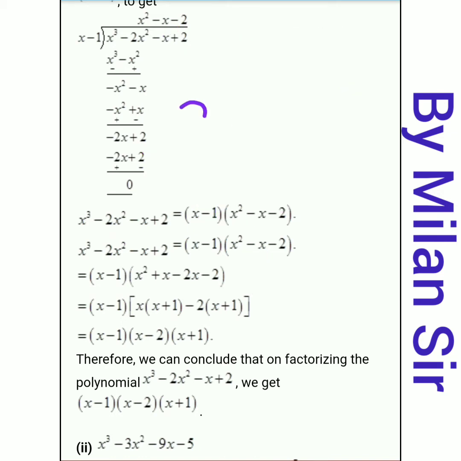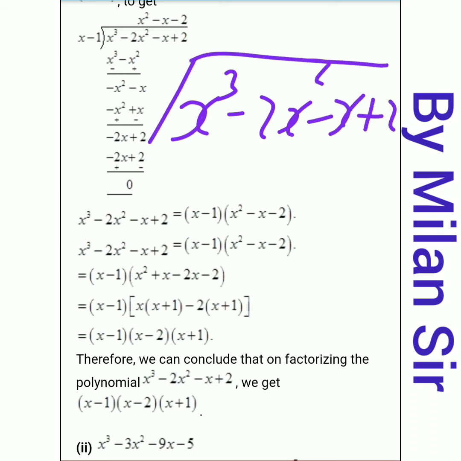So first of all, we have x cube minus 2x square minus x plus 2 divided by x minus 1. First of all, our terms need to be in sequence. That means exponent 3, here 2, here 1 and the constant term. That is already here, so no need to arrange anything.